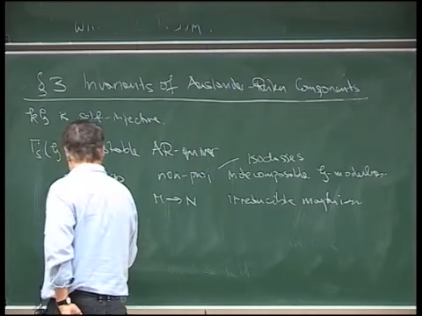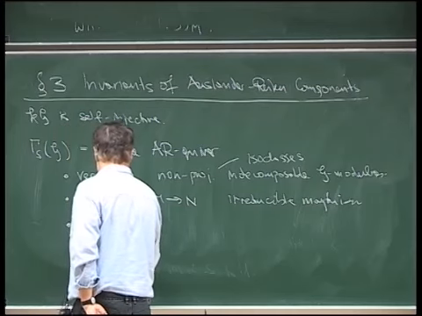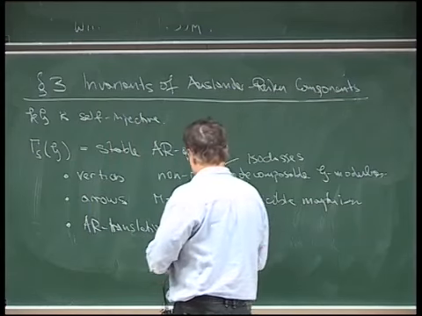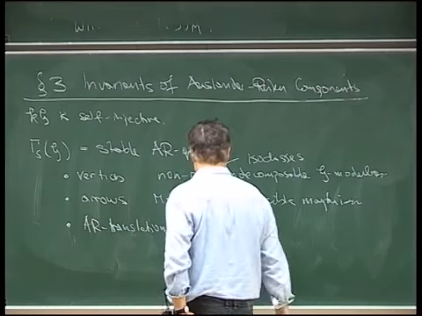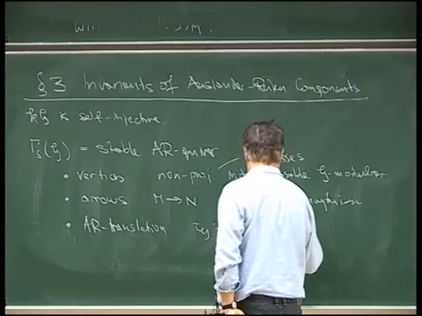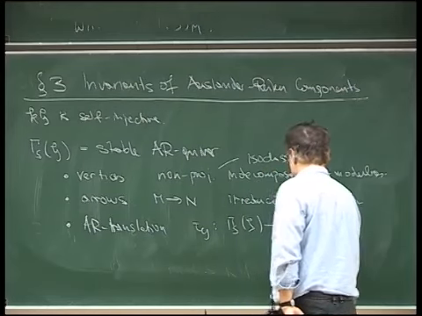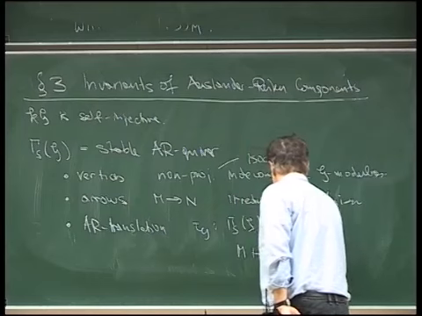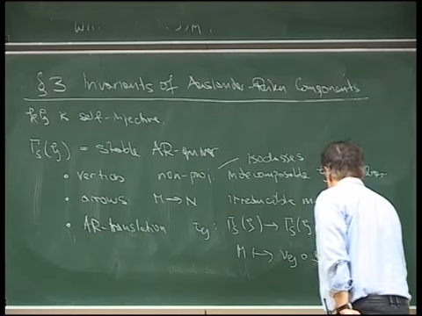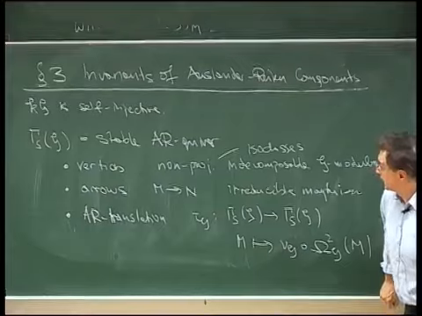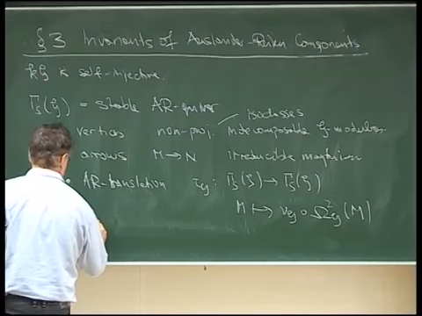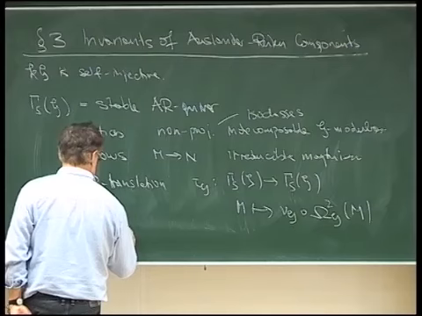And as a third ingredient, the so-called Auslander-Reiten translation, which is an automorphism of the quiver, tau_G, sending a module to the composite of the square of the Heller operator with the functor nu_G, and nu_G is the so-called Nakayama functor of the algebra.